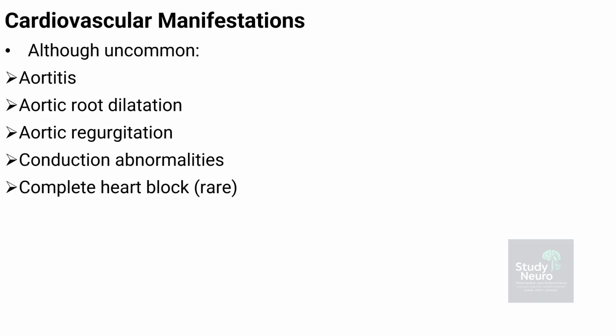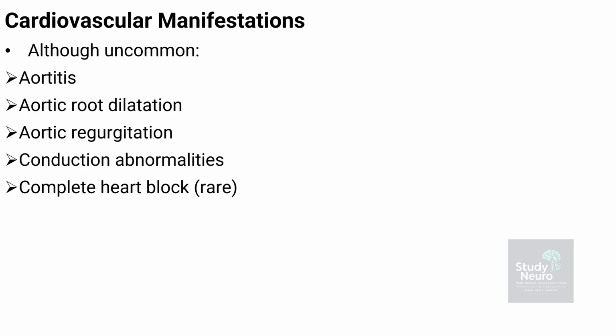Although cardiovascular involvement is uncommon, ankylosing spondylitis can affect both the heart and the major blood vessels. These complications are clinically important. Inflammation may involve the wall of the aorta and gradually enlarge the aortic root, which can prevent the aortic valve from closing properly and lead to aortic valve regurgitation, while the electrical conduction system of the heart may also become affected.